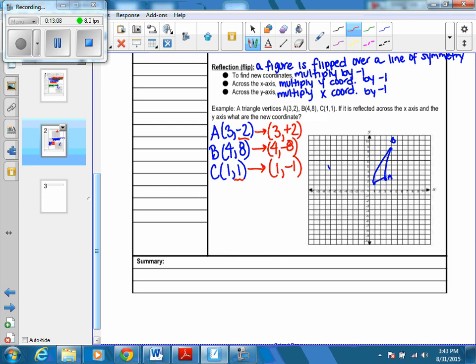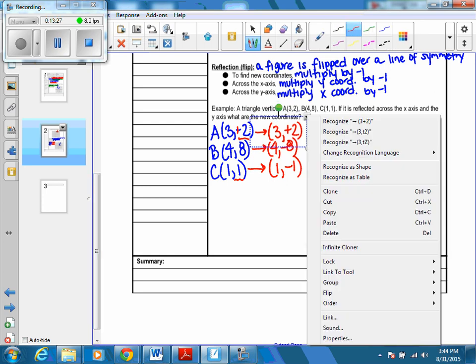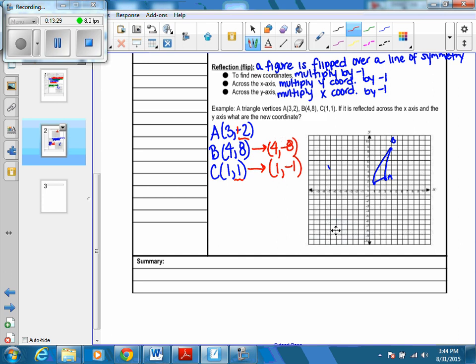So actually, this part, let's go back for a second. This first point for A was 3, 2. That means this should be 3, -2.